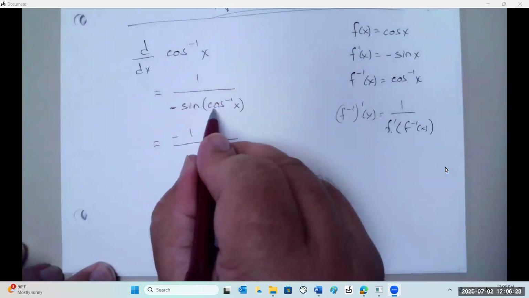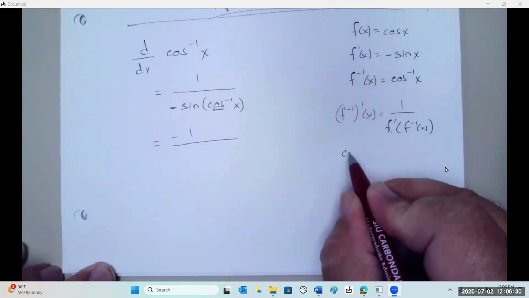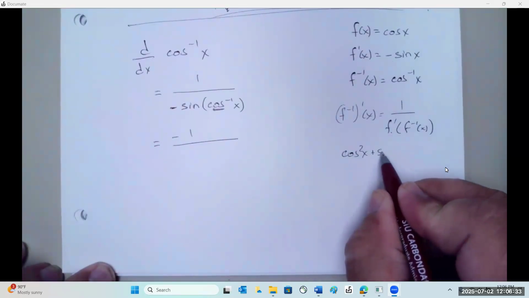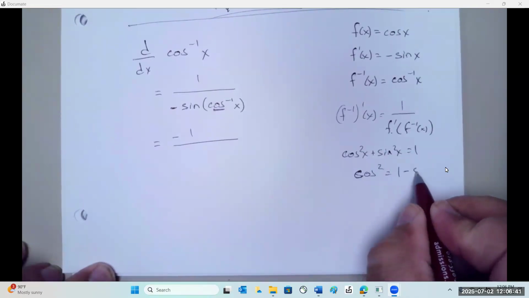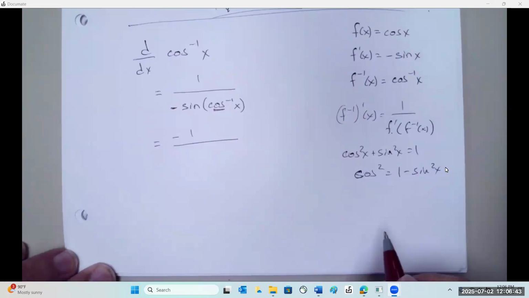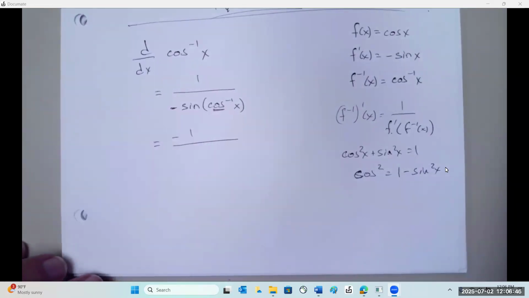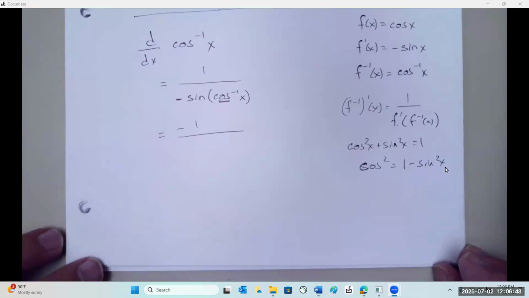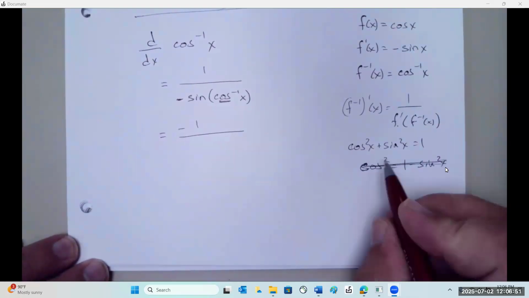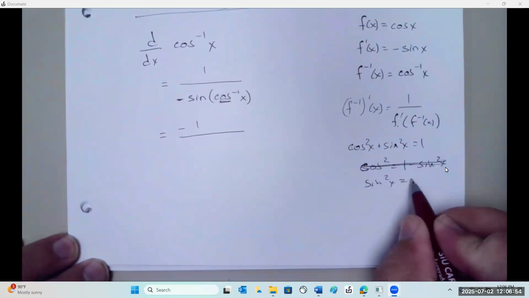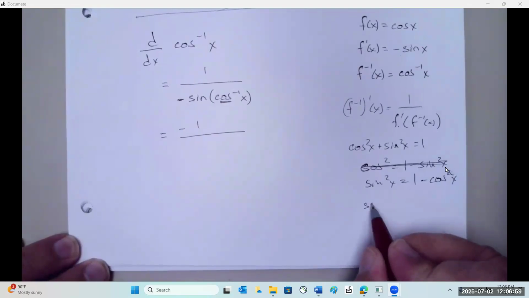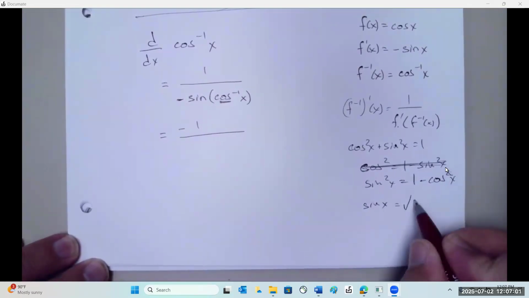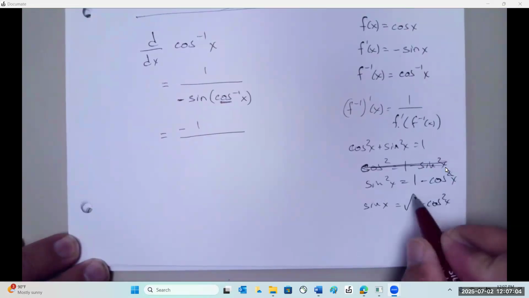Same thing. We need to get a function with respect to cosine. So we have cosine squared x plus sine squared x equals 1. So cosine squared x equals 1 minus sine squared x. Oh, I'm sorry. Sine squared x is 1 minus cosine squared x. So sine x is equal to the square root of 1 minus cosine squared x.